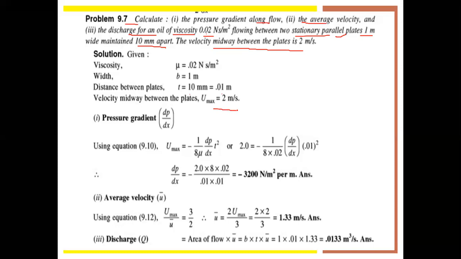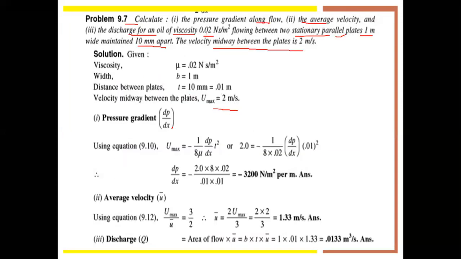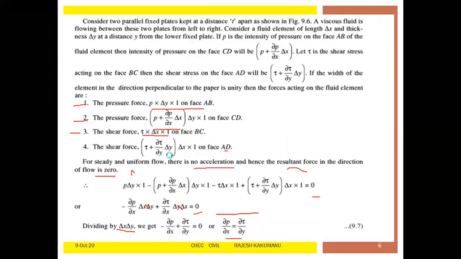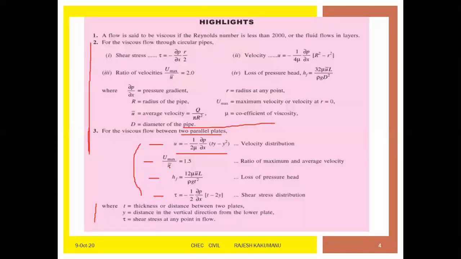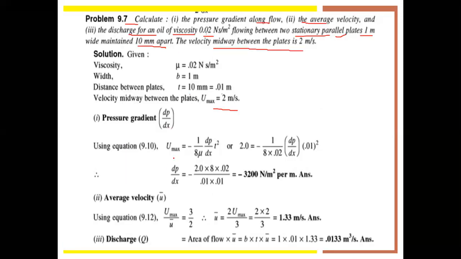Once we have the given data, what do you have to find? You have to find the pressure gradient of the flow, which is simply dP/dx. Now taking equation 9.10, the formula of U max, this is the formula to get the pressure gradient.